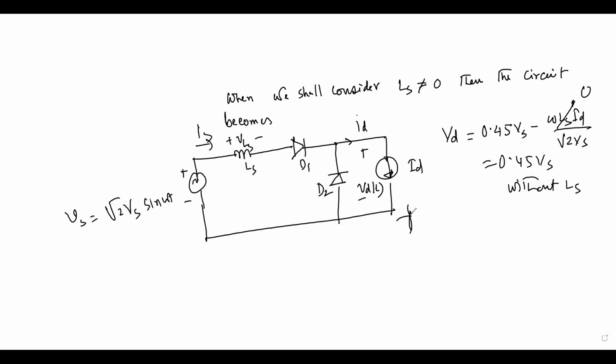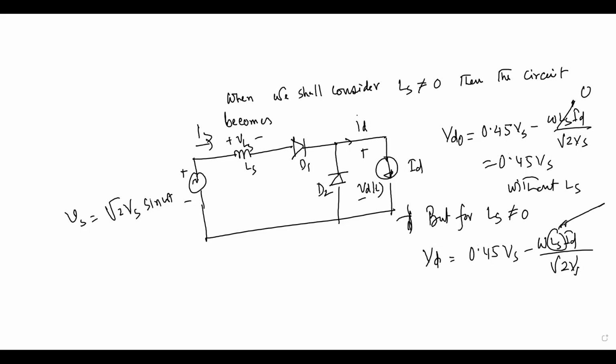But for Ls equal to not 0, finite value, Vd should be your 0.45 Vs minus omega Ls ID divided by 2 pi, because Ls will have a finite value.